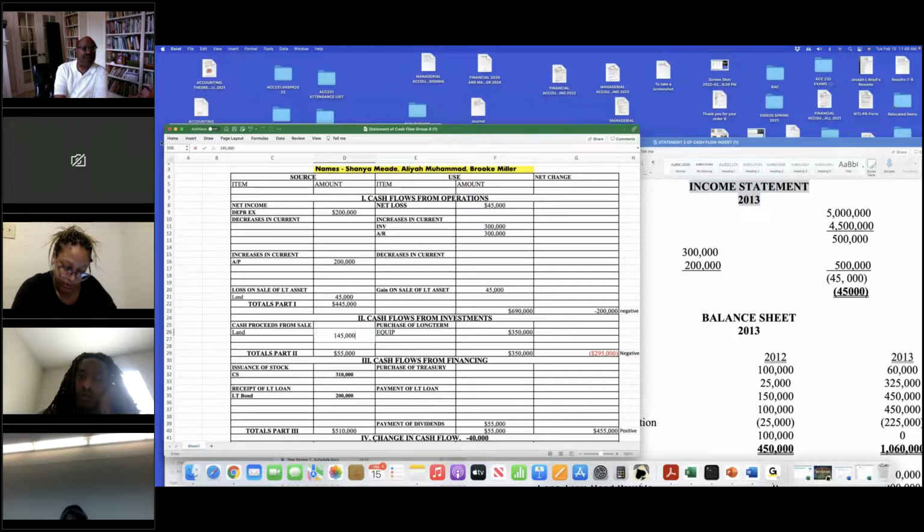I got a question. Yes. So net income doesn't come second, it's depreciation? Net income doesn't come second.